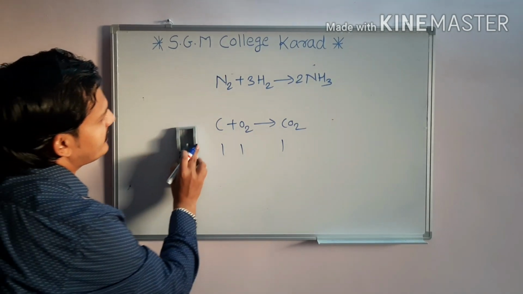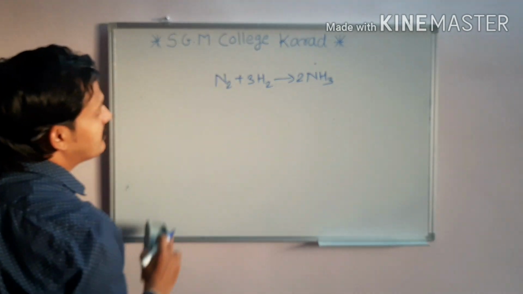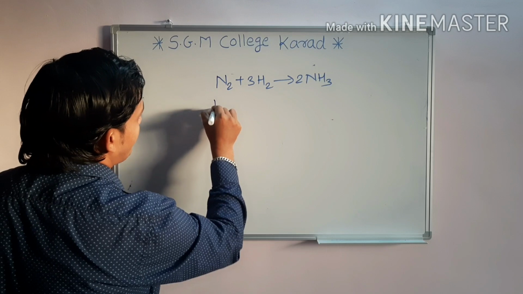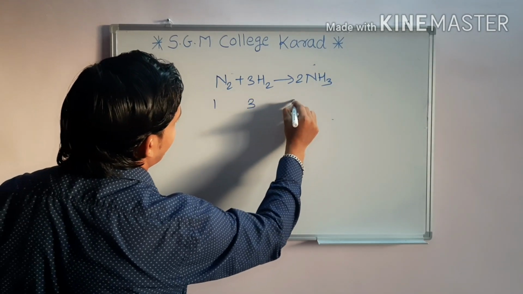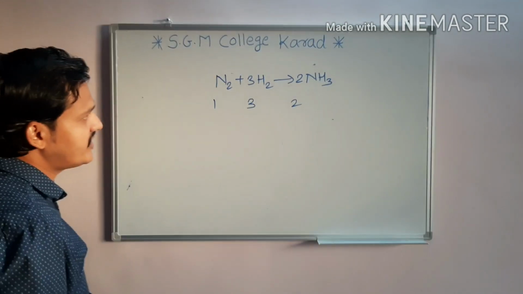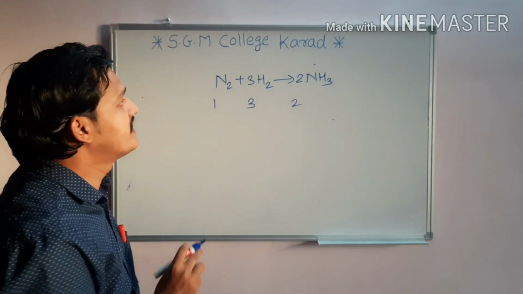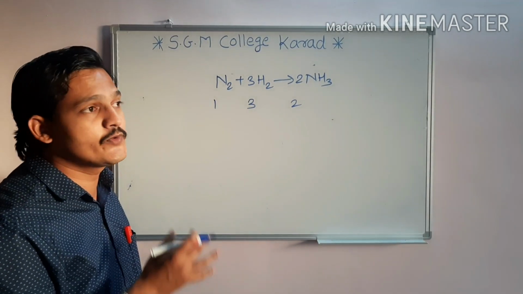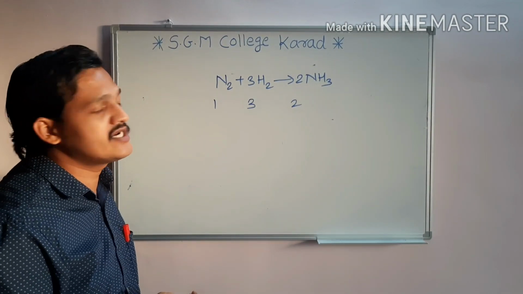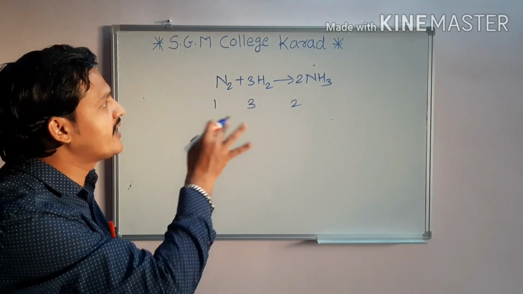So what happens for a reaction with different coefficients, that is nitrogen having 1, hydrogen having 3 and ammonia having 2? The rule is changed. In the next video lecture I am going to tell you how to express the rate of reaction and average rate of reaction for that type of example.